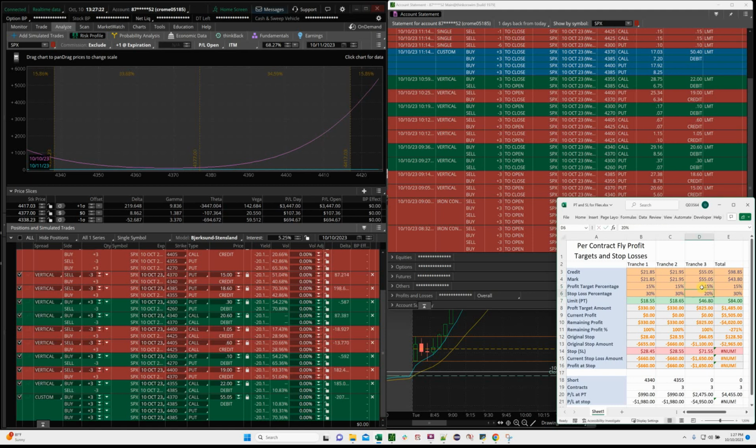Let's put this back at 15, this at 30 again. $46.80 and $71.55. But if I look at this now, this number is greater than the sum of these two. And I don't want this number. I don't want to be looking for more profit. I actually want a little less profit because I want to get out of this trade. I've had to make a lot of adjustments. It's been moving.